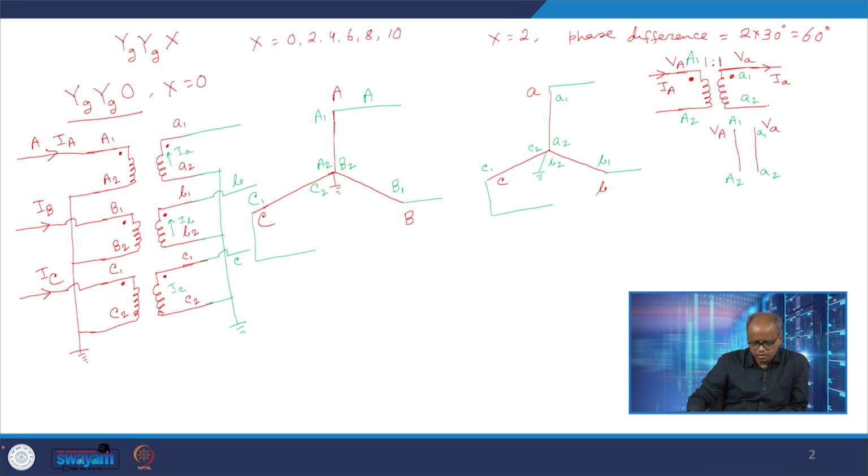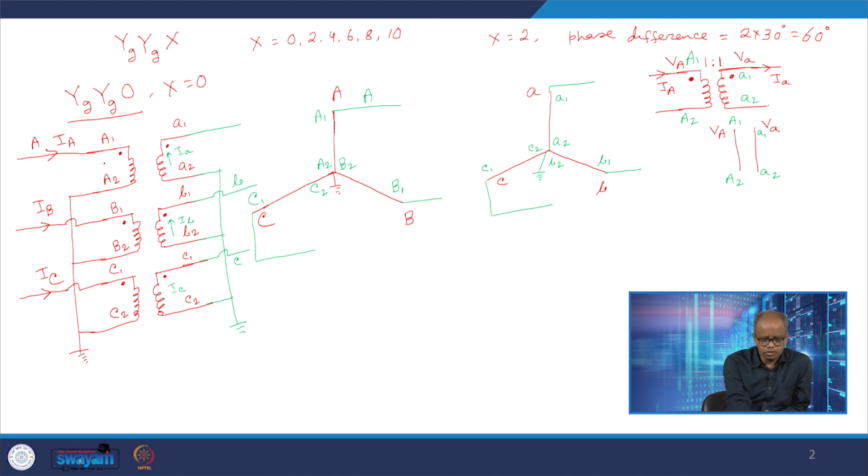Just for a brief recollection, what we did is that we first took these three sets of transformers, indicated their dot positions, and then made the connections at the primary side according to our choice. Here, for example, we have taken A2, B2, C2 terminals together and then simply grounded them.